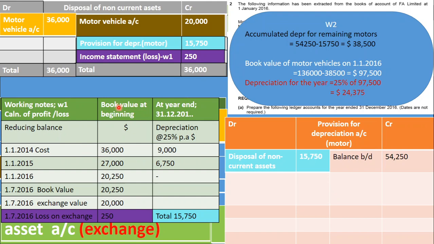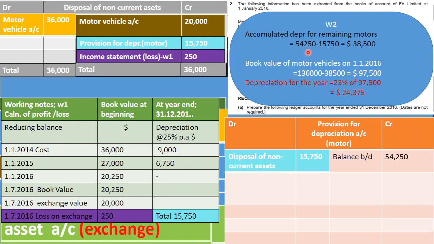Here, let's see what we have done. First we have calculated accumulated depreciation for the remaining motors. Remaining motors means, what are the remaining motors? Besides the yellow car, the car that was disposed of.